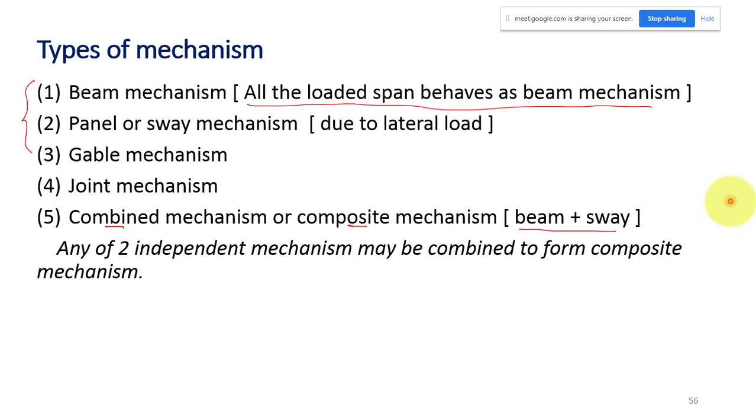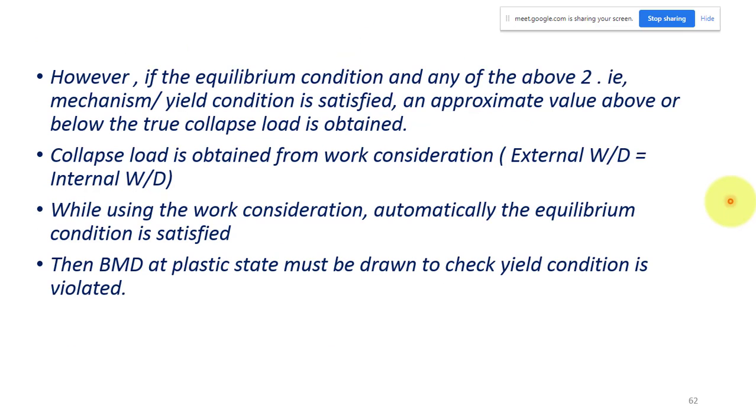However, if the equilibrium condition and only one of the other two conditions are satisfied, either the equilibrium and mechanism conditions in the first case, or the equilibrium and yield conditions in the second case, you will get an approximate value above or below the true collapse load. In the upper bound solution, the value is greater than or equal to the collapse load, and in the lower bound solution it is less than or equal to the actual collapse load.